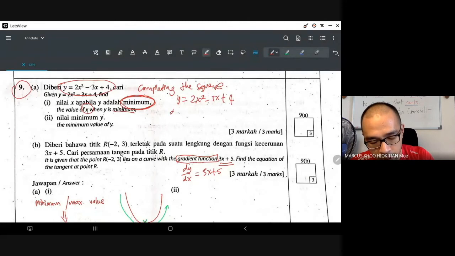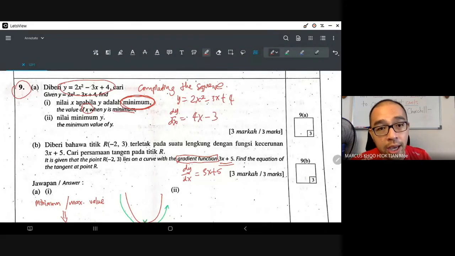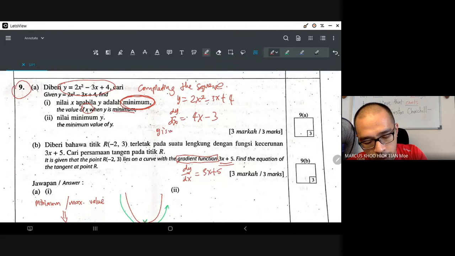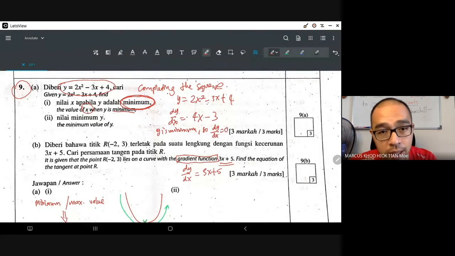When you differentiate this, dy/dx equals 4x minus 3. And because y is minimum, dy/dx equals 0. It's a very important statement. Remember that.